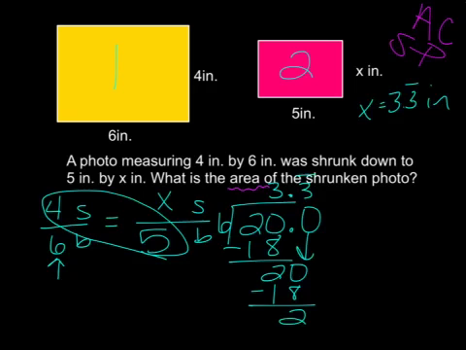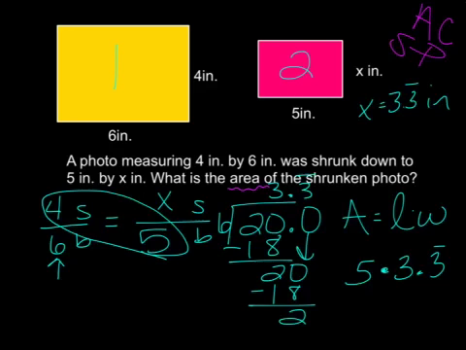But it doesn't want that. Go back to what it wanted. It wanted the area. Well, I know the area of a rectangle is A equals length times width. So I have 5 times 3.3 repeating. And for multiplying purposes, I'm going to say 3.3. So we have to take 3.3, just multiply it by 5.